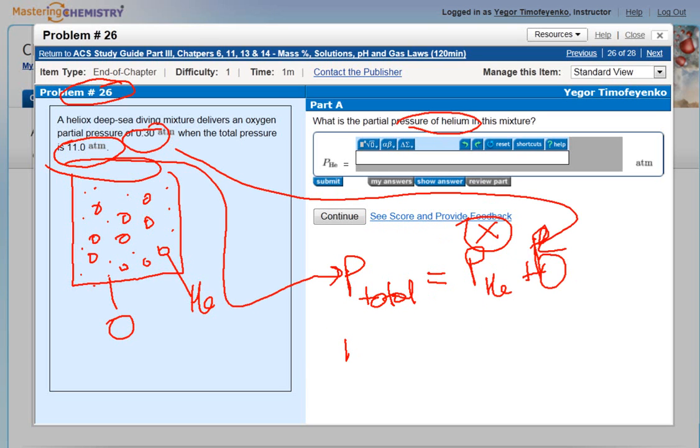So 11.0 is equal to X plus 0.30. We just have to solve for X, plug this in, and we'll have the partial pressure of helium.